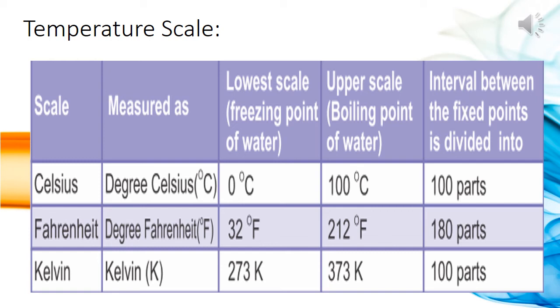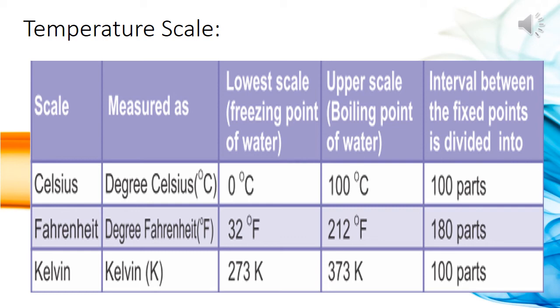The third one is the Kelvin temperature scale, which was invented by Lord Kelvin in 1848. It is denoted by capital K. So this Kelvin thermometer again has 100 equal parts. The expression which is used to convert the Celsius scale to the Kelvin scale is plus 273 Kelvin.